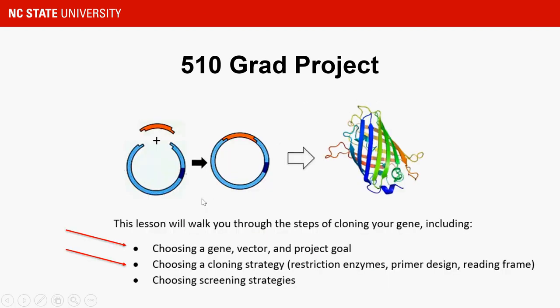In this lesson, we will walk you through the steps of cloning your gene, and you can select the gene that is of interest for your research or the gene that you want to do research on in the future, and you can select a vector. You can design a cloning strategy for how you can clone that gene into the vector. So based on what we have learned in the last few lectures, you should be able to start working on the graduate project now.